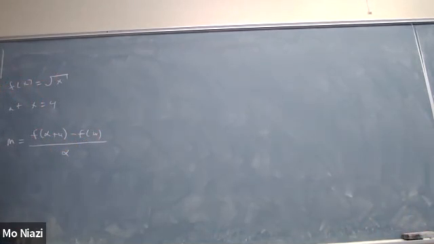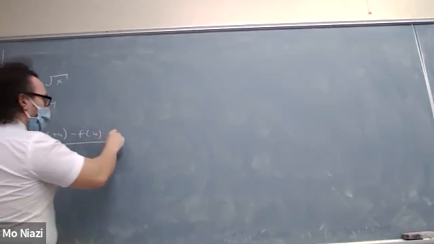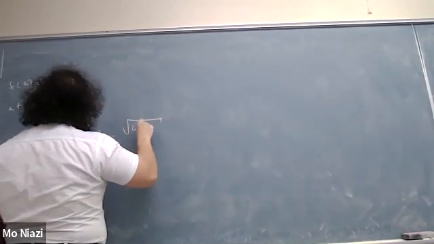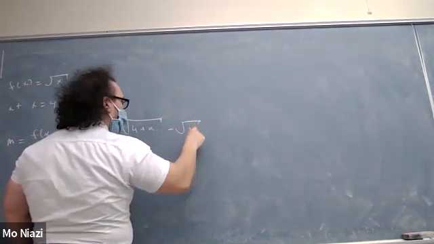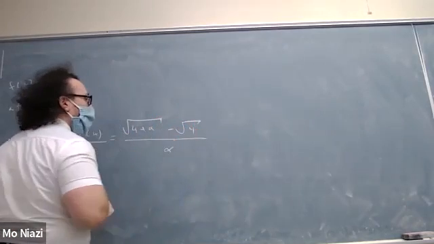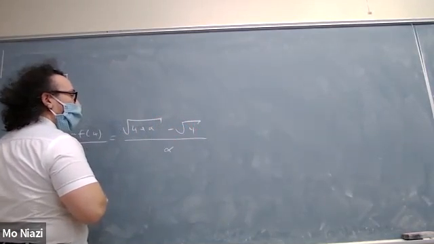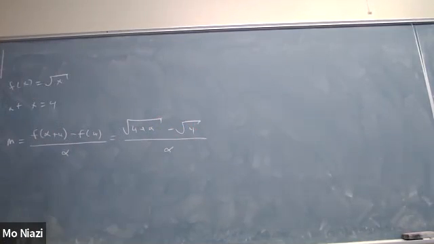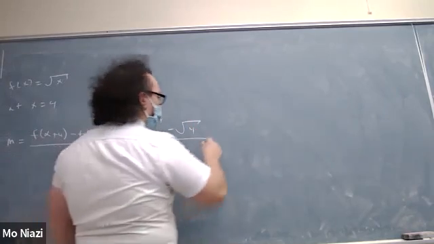That's what the slope is defined as. Now what? You just say that's square root of 4 minus square root of 4, all over alpha? No, because it violates the approximation principle.